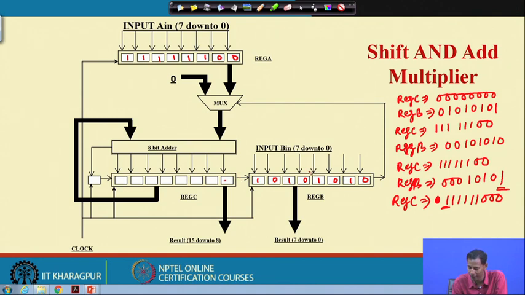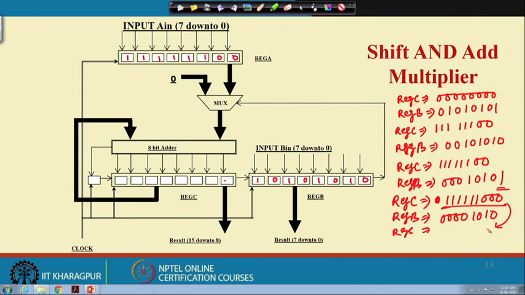Okay. So now again this 0 will come. So at that time register B will be 0 0 0 0 1 0 1 0. Then again 0 means register C will remain the same. So register B again changes its value to 0 0 0 0 0 1 0 1.